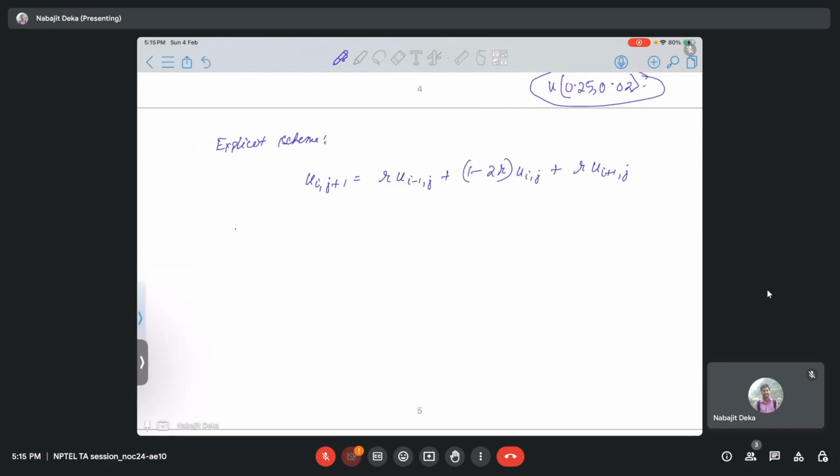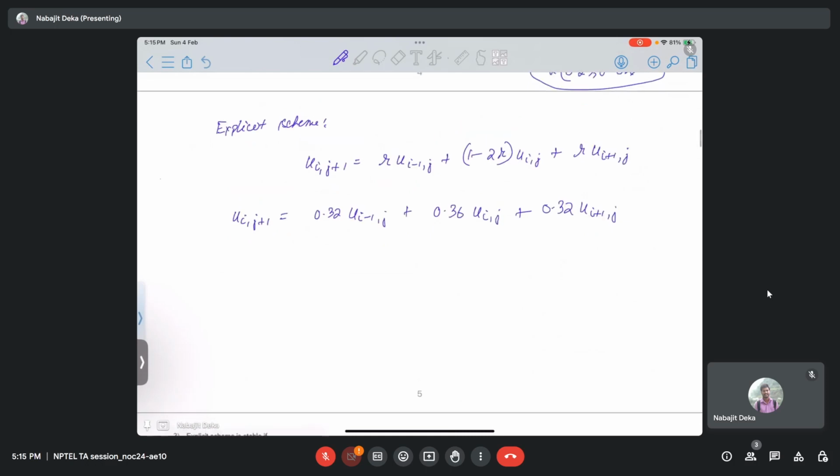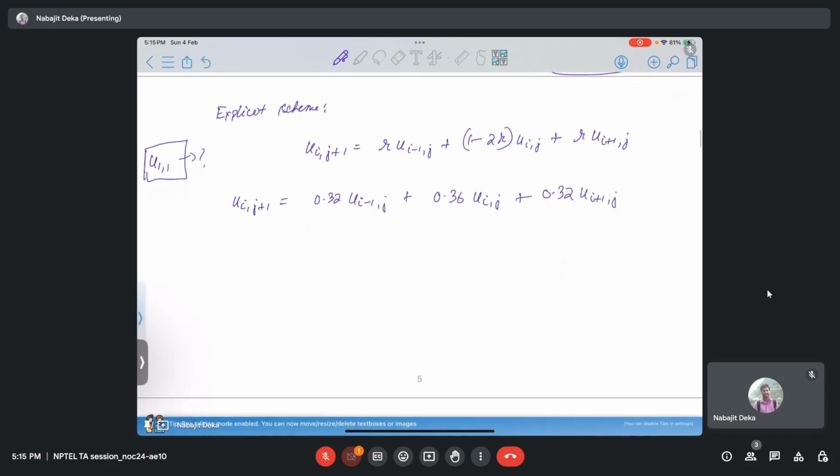So now if we put the r value here, it will be 0.32 u i minus 1 j plus 0.36 u i j plus 0.32 u i plus 1 j. Now what do we require to find out? u 1 comma 1, that is the thing we need to find. So for that we have to put i equal to 1 and j equal to 0.